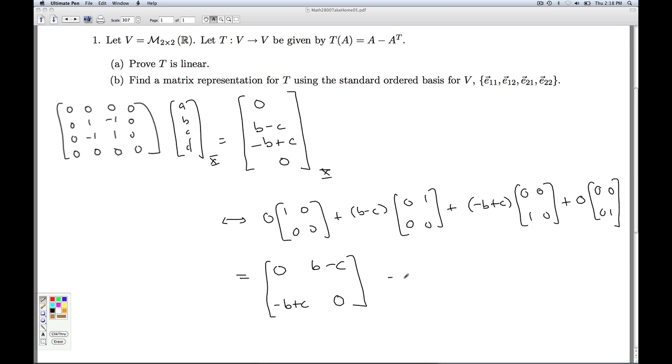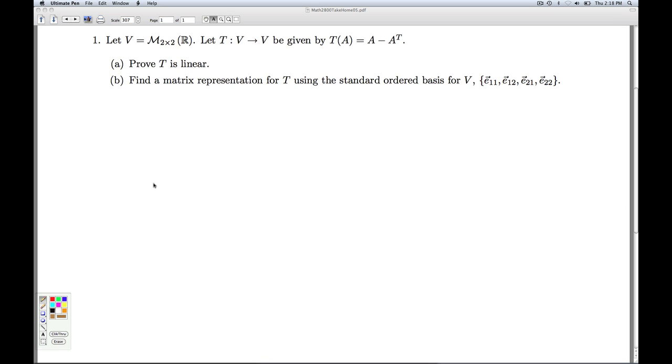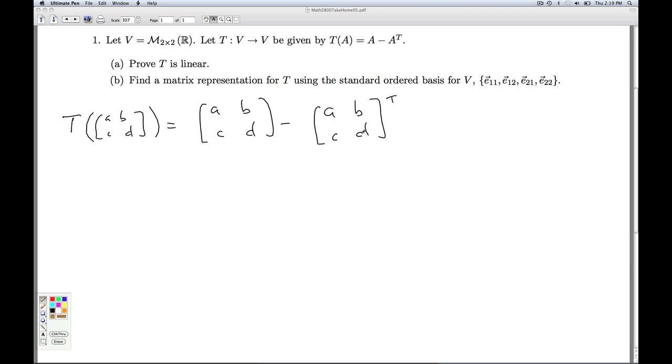The question is, how does that matrix compare to the image of any generic matrix? So let's take T of A, B, C, D. By definition, it's the matrix minus its transpose.